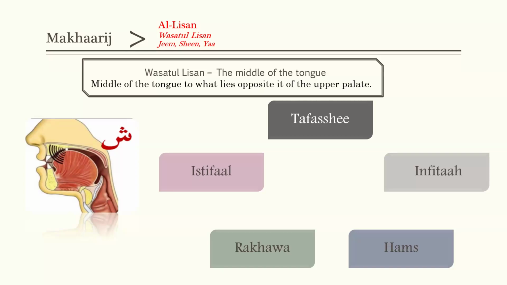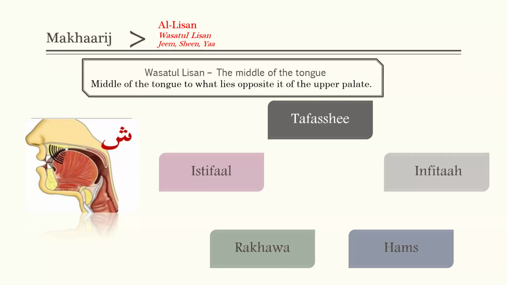And this is one of the reasons that sheen does not do idgham with the letters. You would see, inshallah, when we study idgham, that letters from the same articulation point merge. Sheen does not merge with the jim and the ya because of the quality of the tafashi.